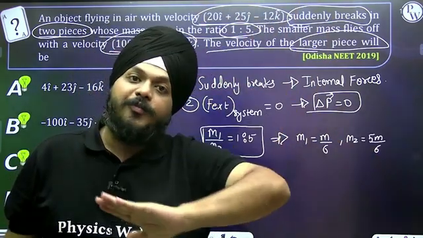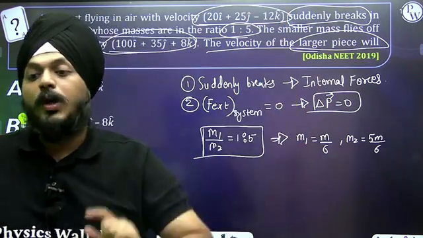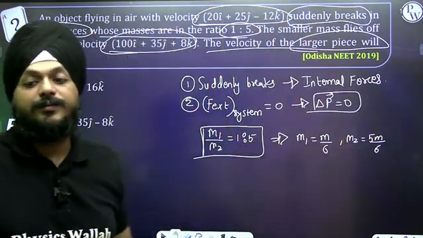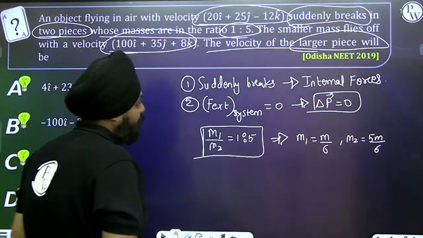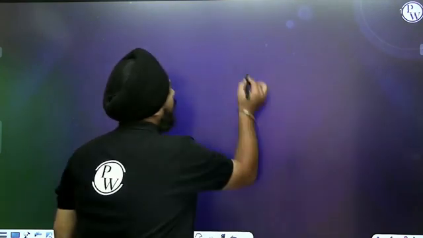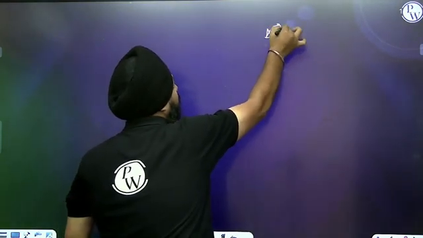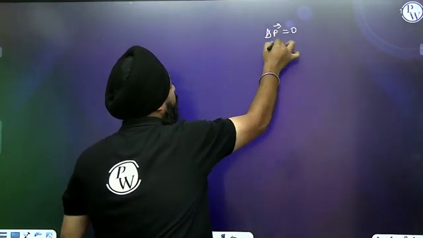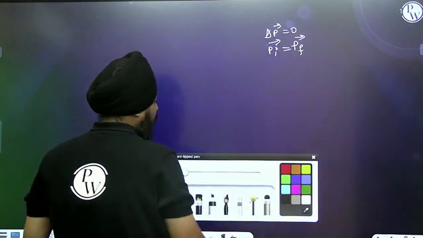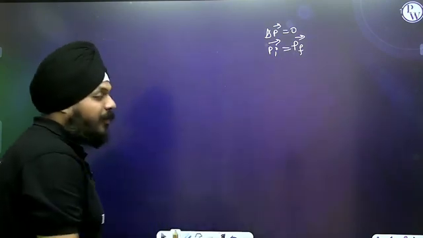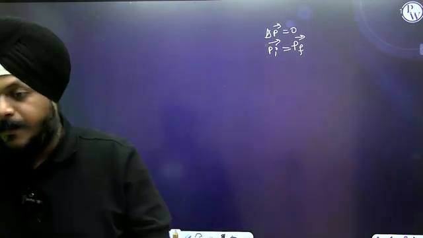If the external force on the system is 0, then momentum is conserved. Initial momentum is equal to the final momentum of the system.